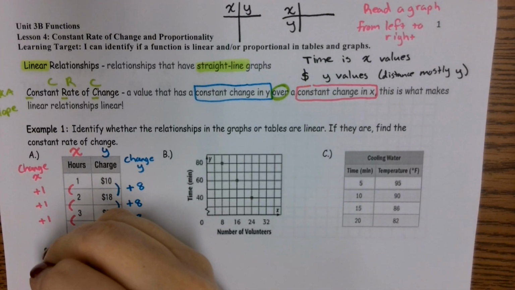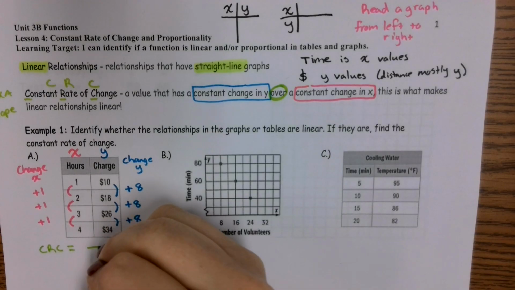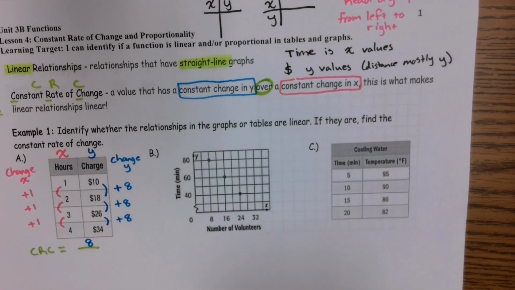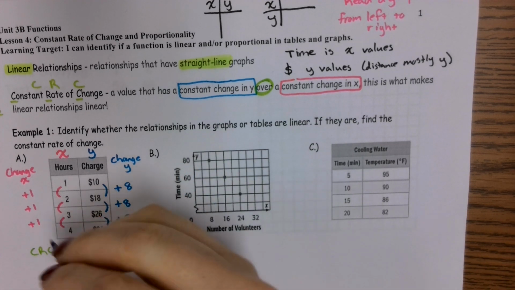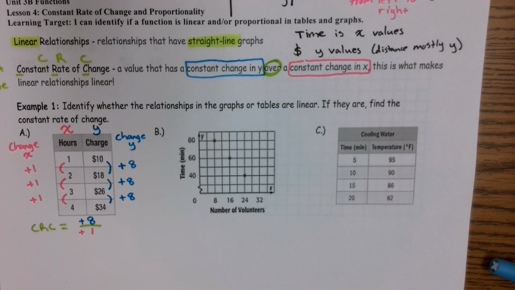So that means our constant rate of change in this case is going to be a positive 8 over a positive 1. Okay, I'm even going to write the positive signs just so that we know, because if there happens to be a negative sign, you need to make sure that you're putting your negatives. So it's a positive 8 over a positive 1.